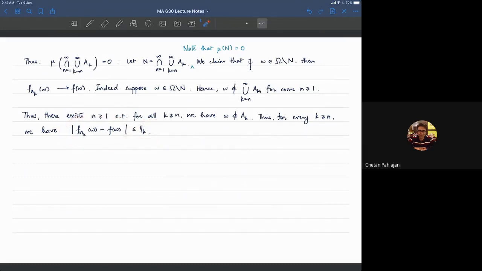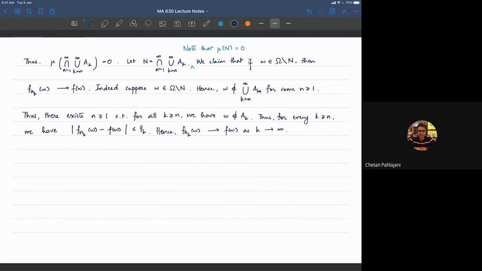So as k gets bigger and bigger, this error gets smaller and smaller and it goes to 0. Hence, f_{n_k}(omega) converges to f(omega) as k goes to infinity.